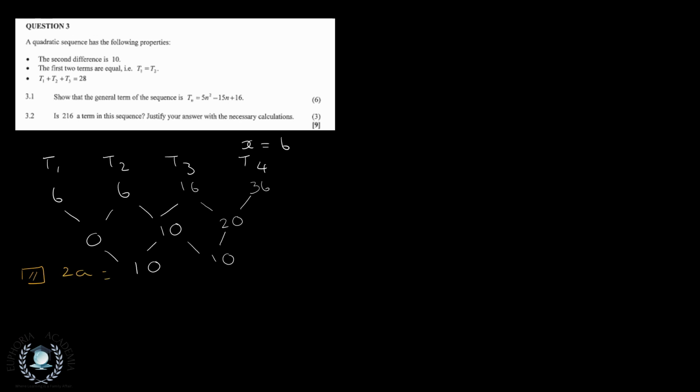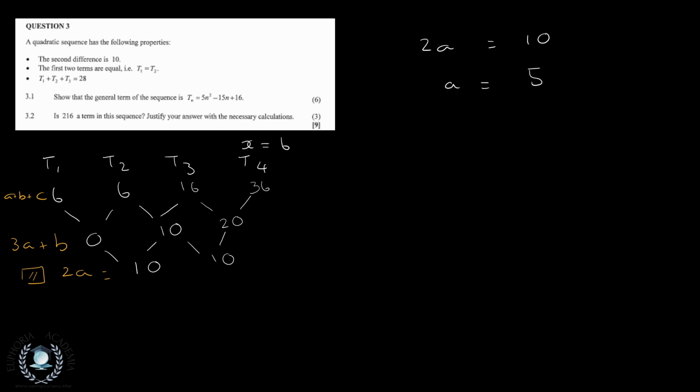And then the first difference of the first two terms is 3a plus b, and the first term is equal to a plus b plus c. Alright, so let us compute the values of our variables. 2a is going to be equal to 10, therefore a is equal to 5.